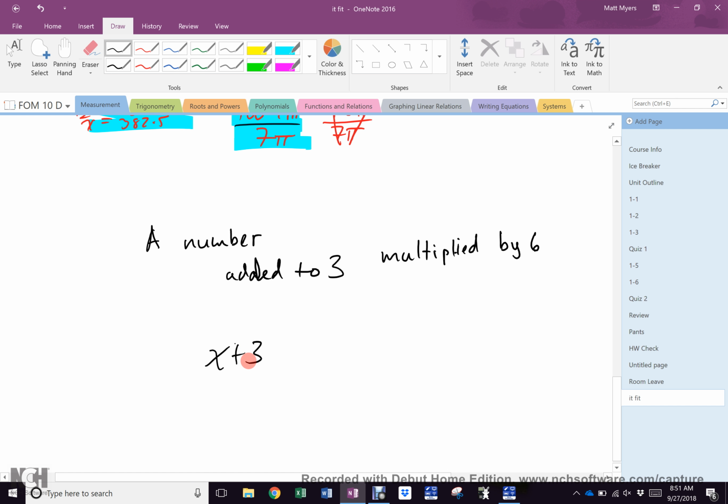Just the 3? A number added to 3. Fine. And then brackets. Where? Around the x and the 3. And then what? 6. One page is that. Because that is the why of algebra. Everybody cool? Okay.